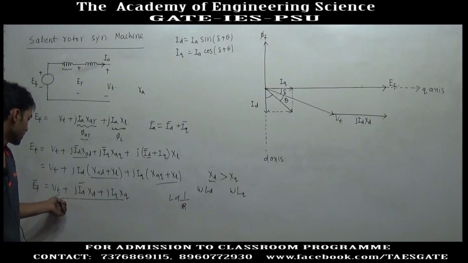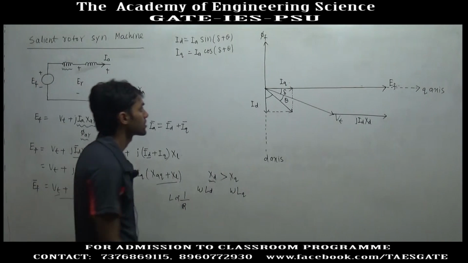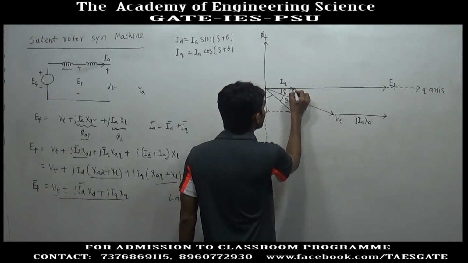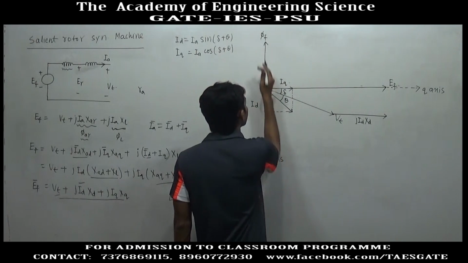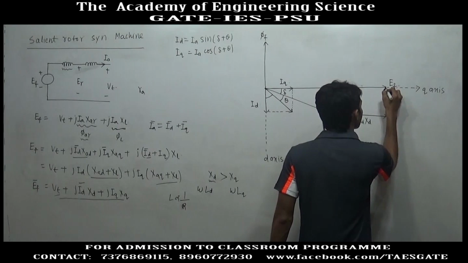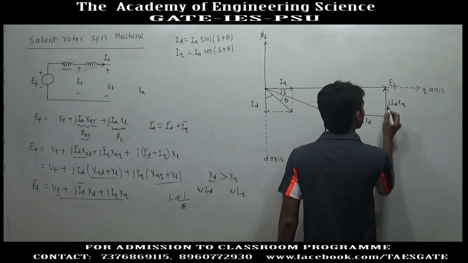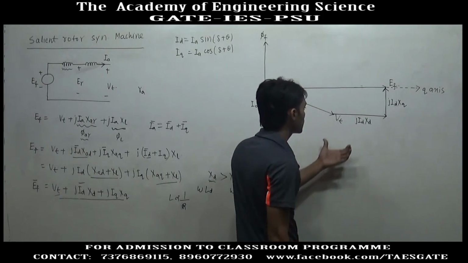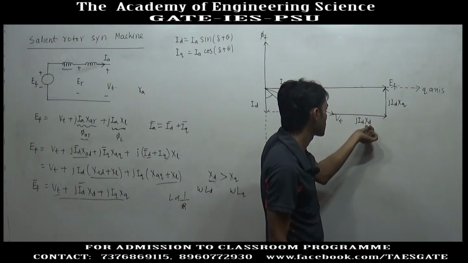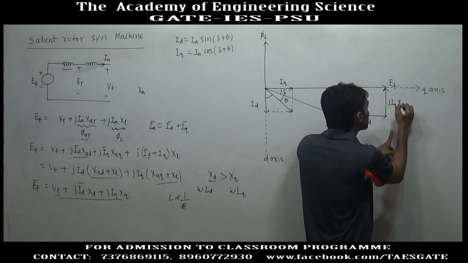And again, to the summation of these two vectors, we will add JIQ into XQ. The direction of IQ is along EF, so JIQ will be along phi f in the upward direction. So if we add JIQ XQ, we will get EF. So we have to make the length of ID into XD such that if you add IQ into XQ, we will get EF.